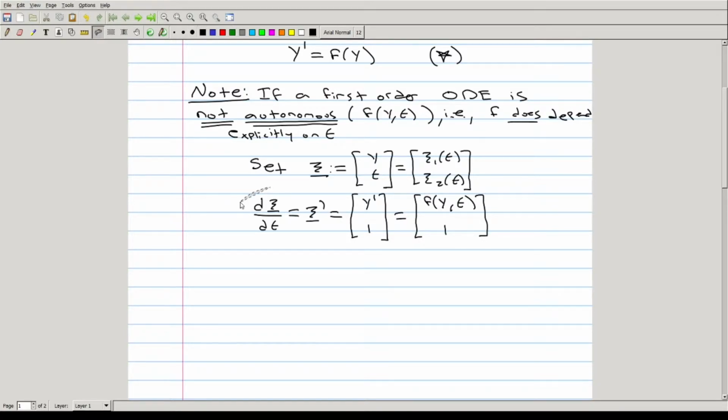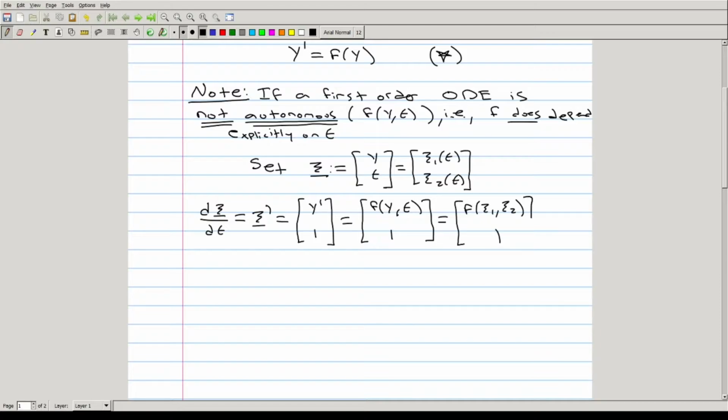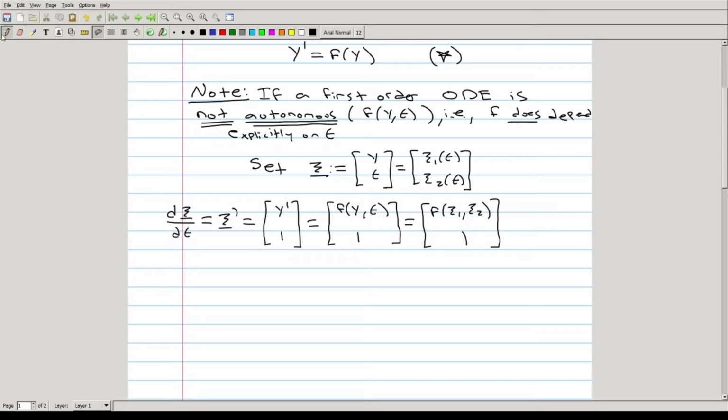And this itself is a vector function of xi, because if xi1 is y and xi2 is t, this is just f of xi1 comma xi2, which itself is purely a function of xi. This is a vector function of xi. Call it g. G is a vector function of xi.